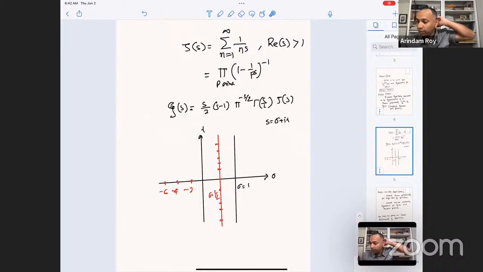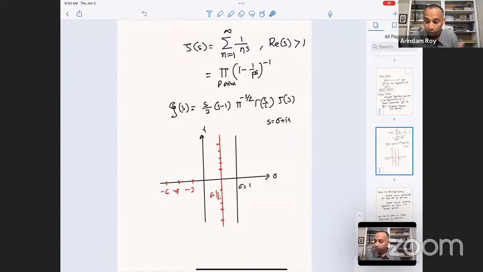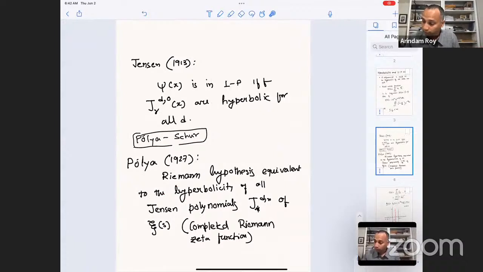And because it's really difficult to solve, people always try to find an equivalent condition to the Riemann hypothesis and work on that instead. One of the equivalent conditions was by Polya, as I just mentioned: the Riemann hypothesis is equivalent to the hyperbolicity of all Jensen polynomials.